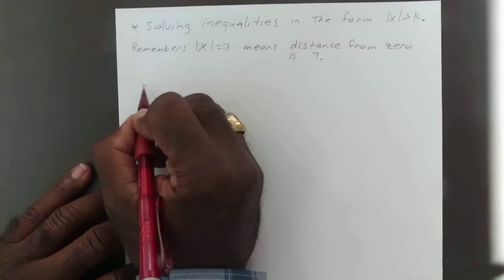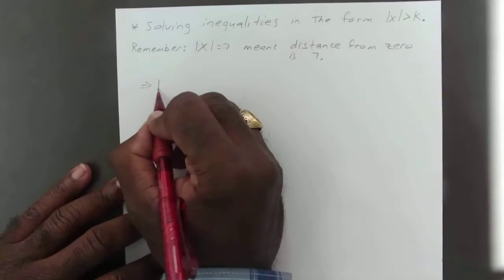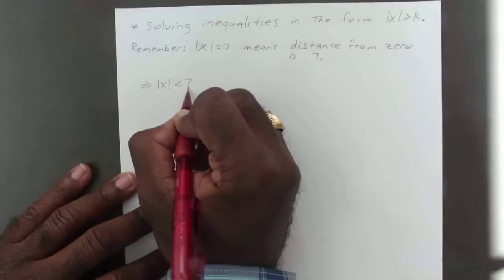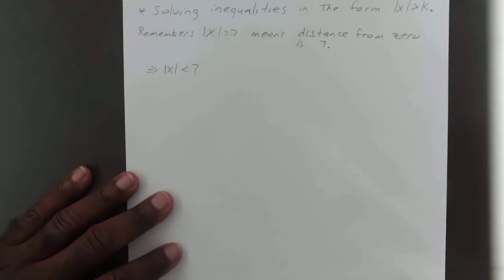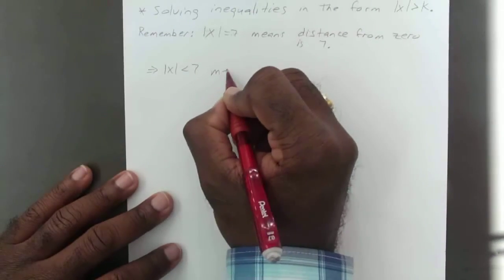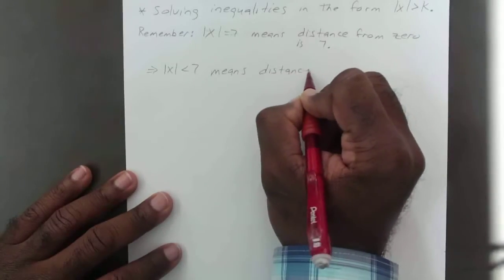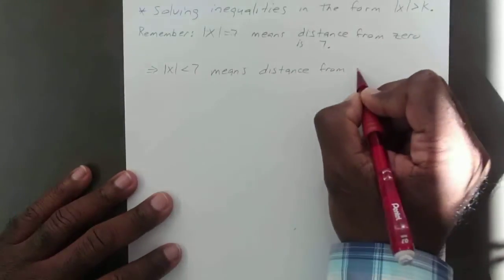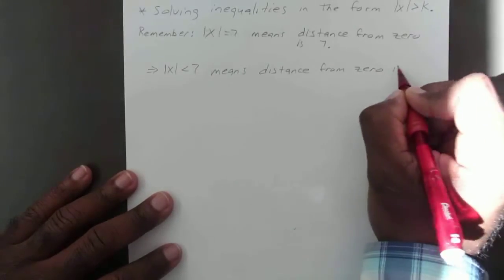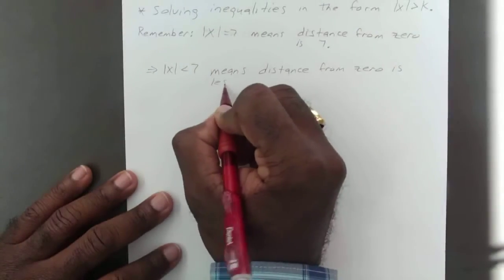Okay, so what if we had, just before, absolute value of x is less than 7? Remember that means the distance from 0 is less than 7.